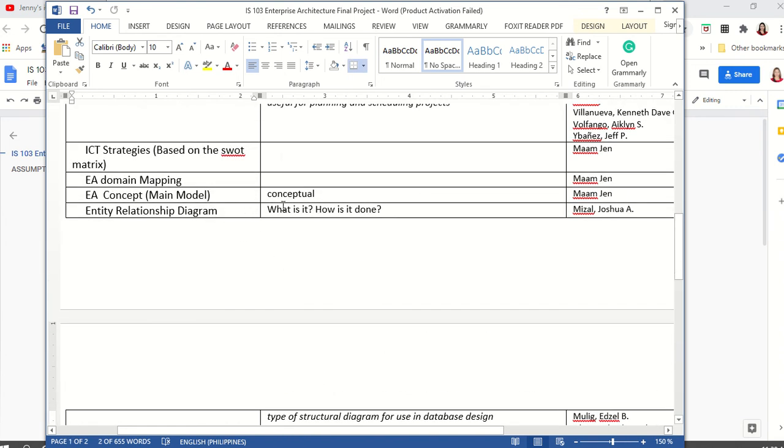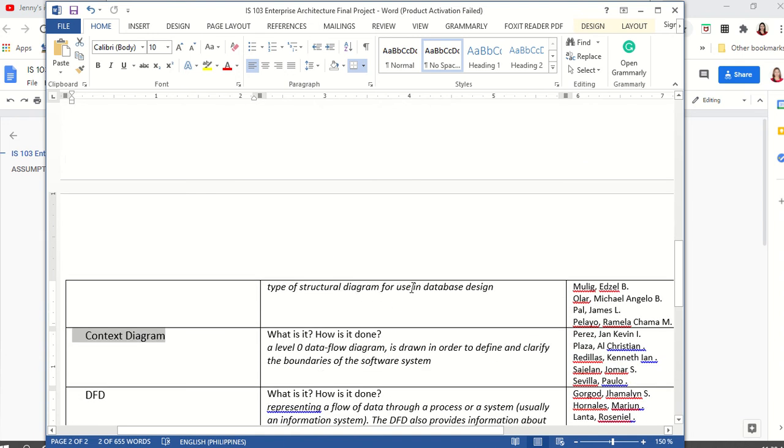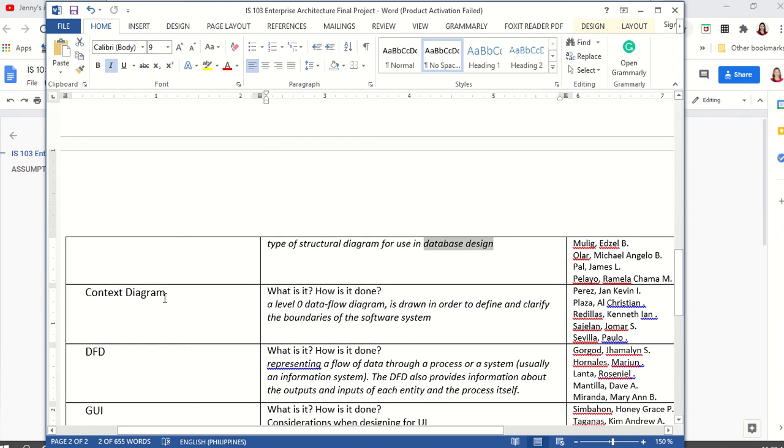Basically, the ERD will focus on the database design, the data model or ER model. We also have the context diagram, which is level 0 of the data flow diagram in relation to the processes in our company.